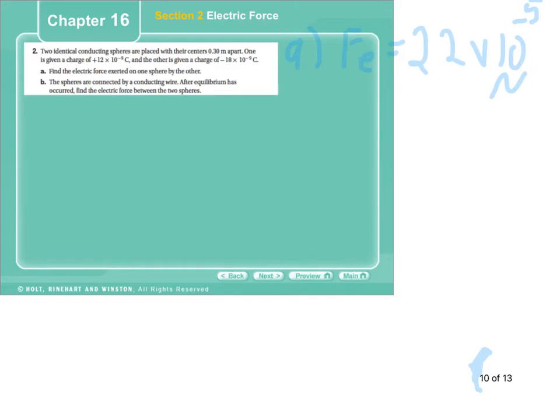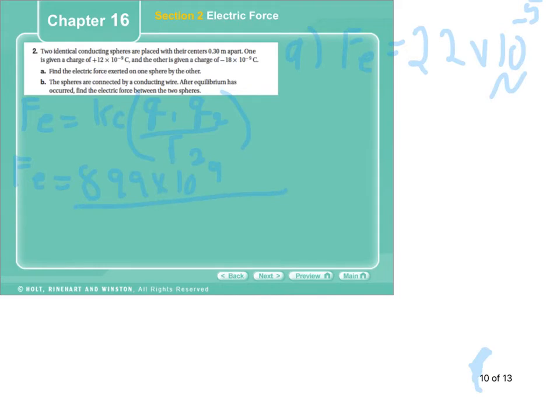So our electric force, again, Kc times Q1 times Q2 divided by R squared. So electric force, Kc, 8.99 times 10 to the 9th.